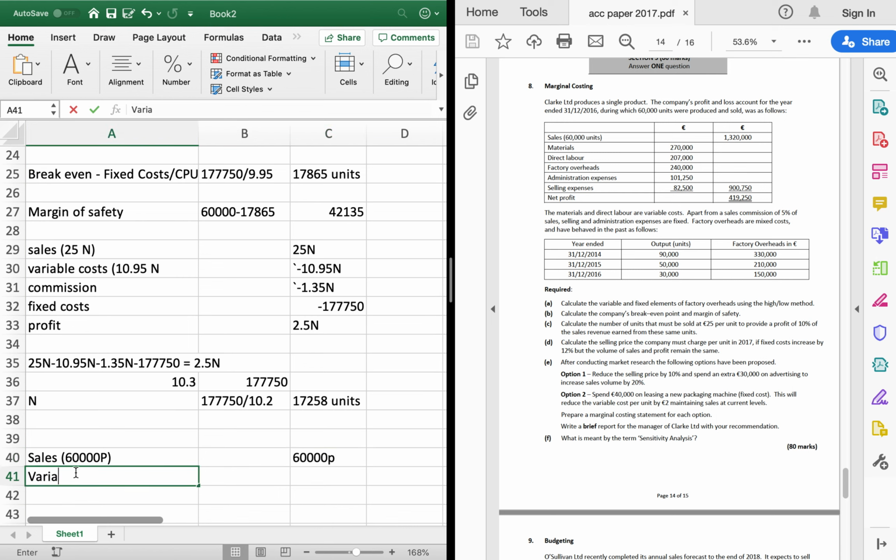The variable costs remain the same, 10.95 by 60,000. And the commission is 5% of 60,000, which is 3,000p.